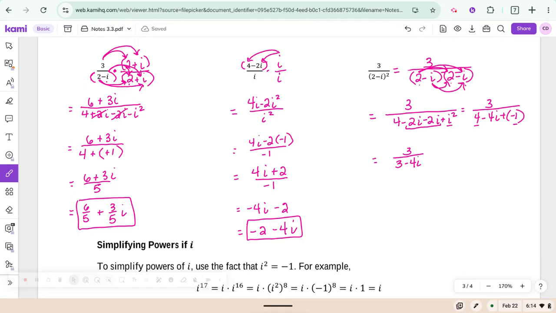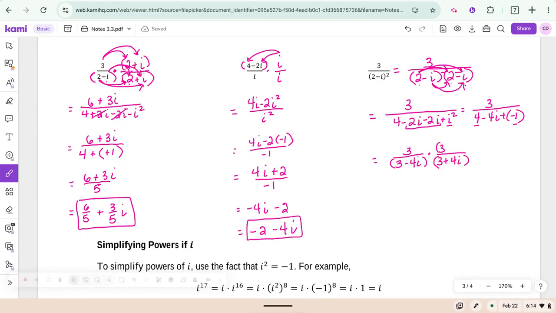That step comes next. I see that I have 3 minus 4i in the denominator, so I'm going to multiply the numerator and denominator by the complex conjugate of 3 minus 4i. And the complex conjugate of 3 minus 4i is 3 plus 4i.